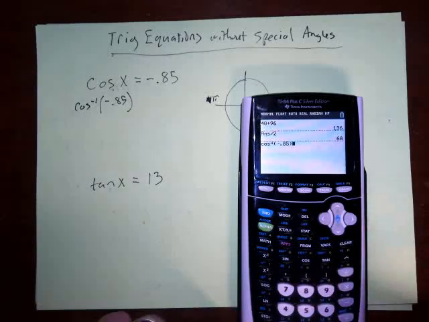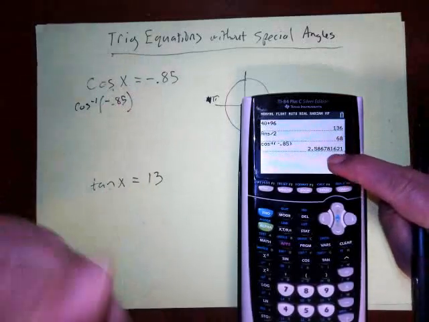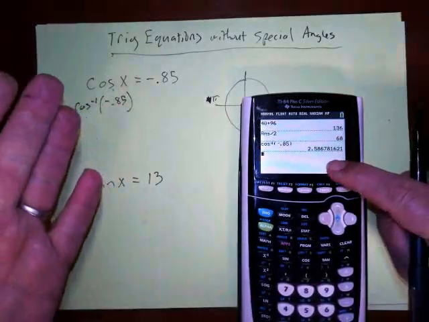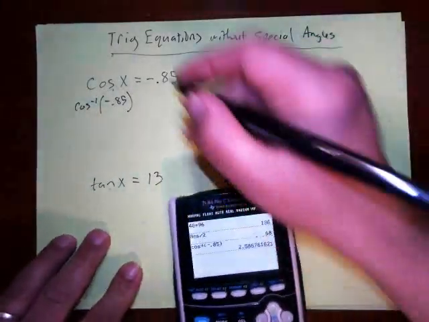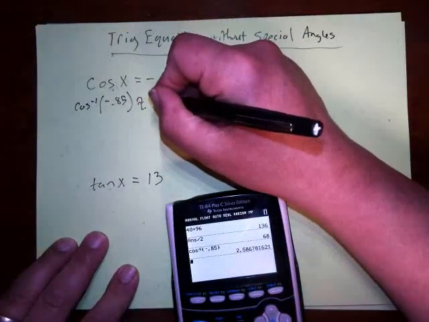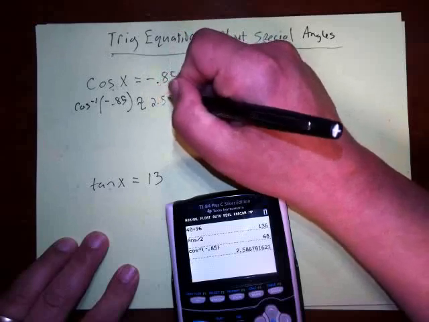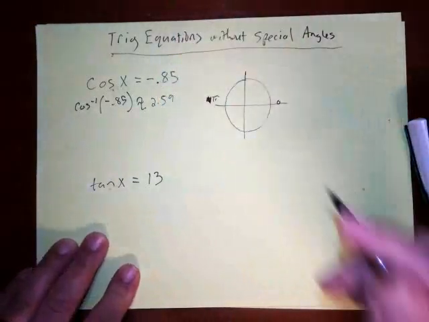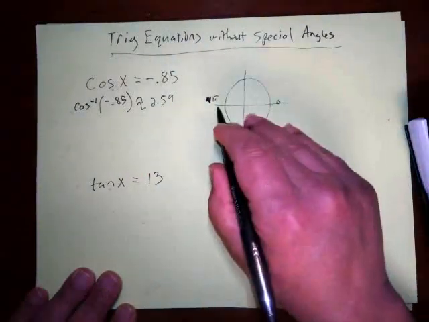It's always a little weird because it's a real number. It's not the number of degrees. This is a radian, but it's 2.586. So maybe I'll round to 2 decimal places. I'll round to 2.59.